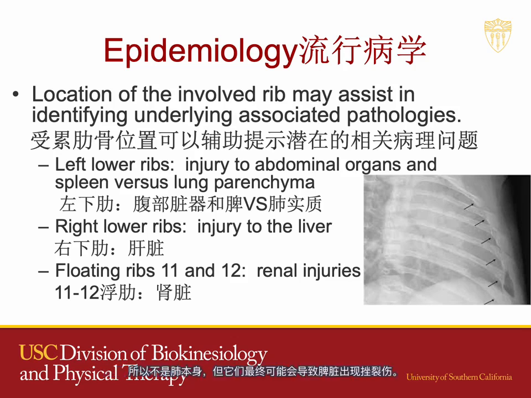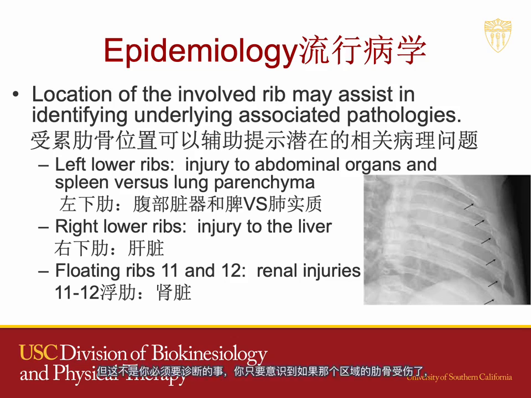Not the lungs themselves, but you could end up lacerating the spleen. The right lower ribs, this is where the liver is, so you could end up with injury to the liver. And with the floating ribs, rib 11 and 12, this is where you could end up injuring the kidneys.